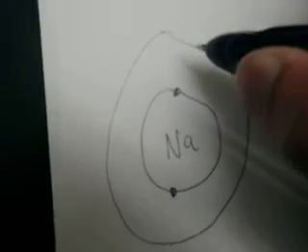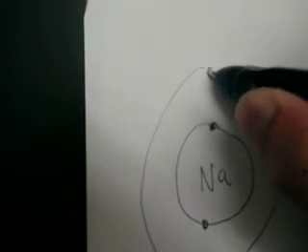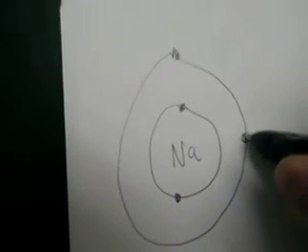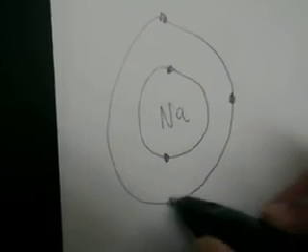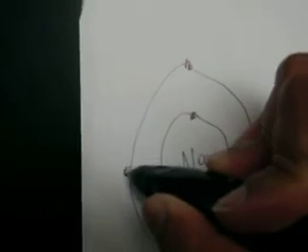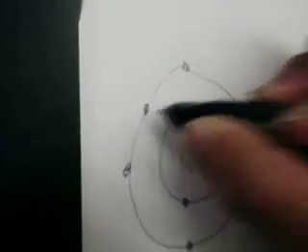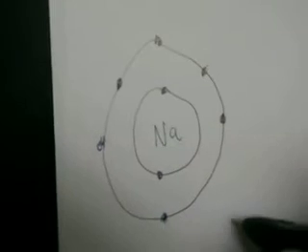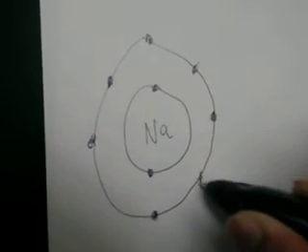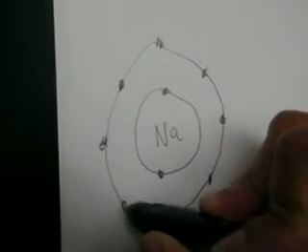So then in our second energy level, we've got 8 electrons. 1, 2, 3, 4, 5, 6, 7, and 8. And we've got our valence electron on the third energy level.